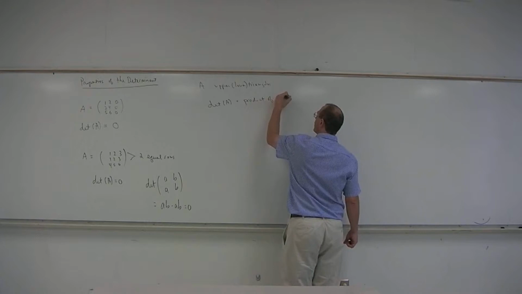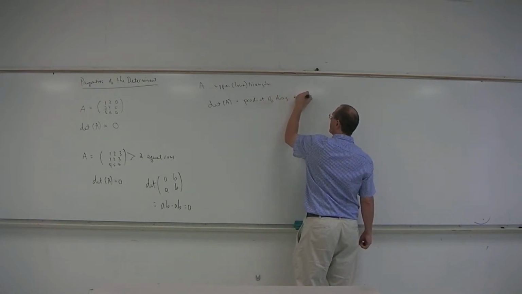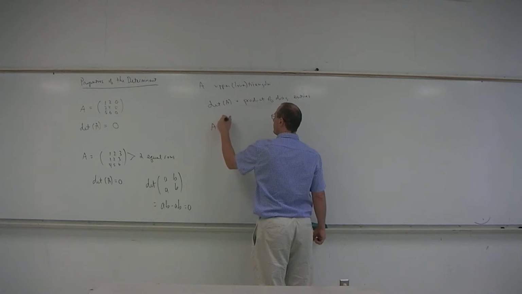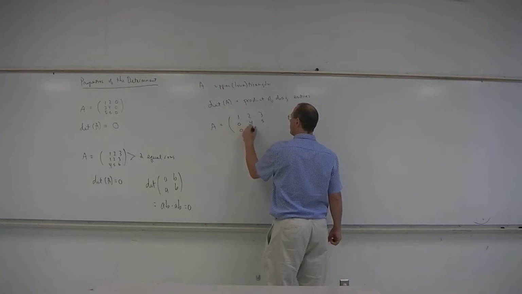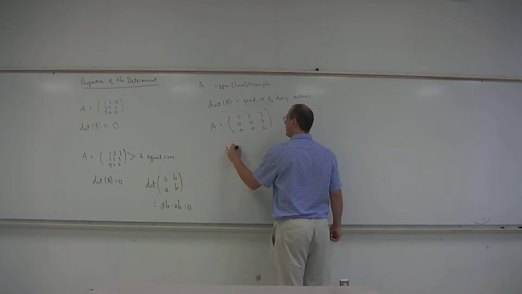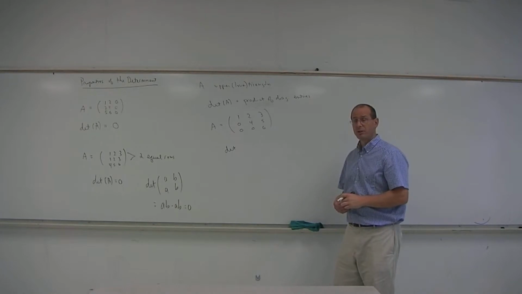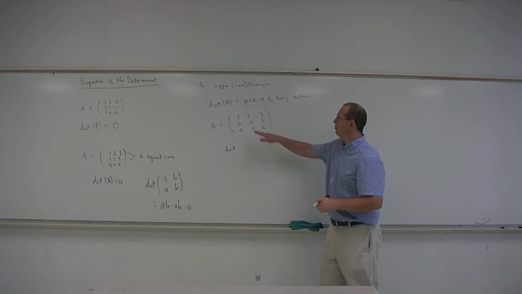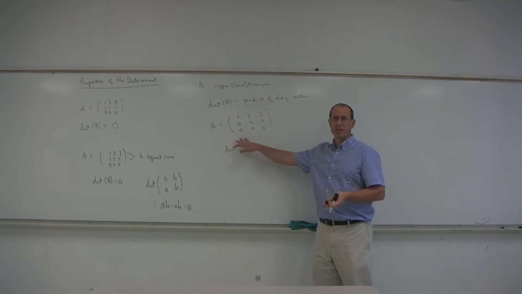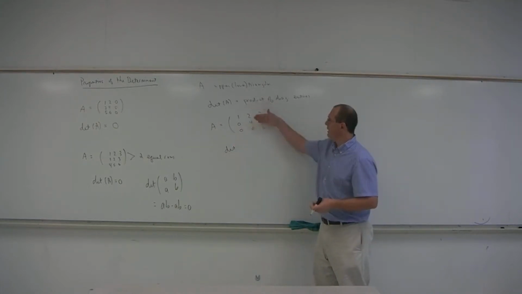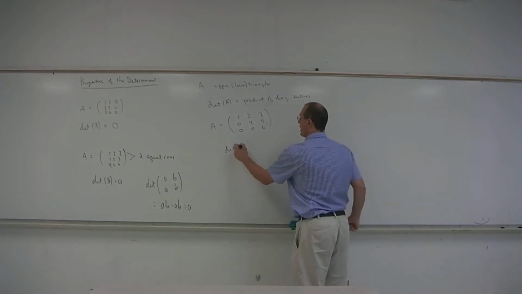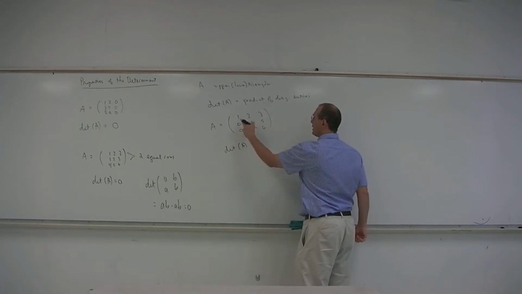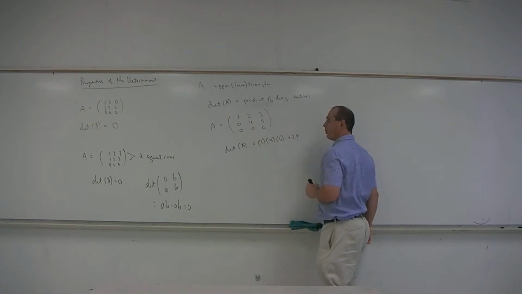So for example, if A was the matrix 1, 2, 3, 0, 4, 5, 0, 0, 6, this is upper triangular, meaning that below the main diagonal are only zeros. Lower triangular would mean that above the main diagonal there's only zeros. So the determinant of A is the product of the diagonal entries: 1 times 4 times 6, which is 24.